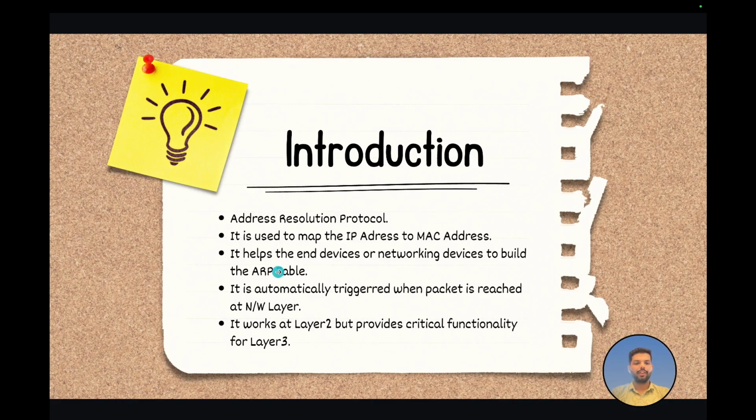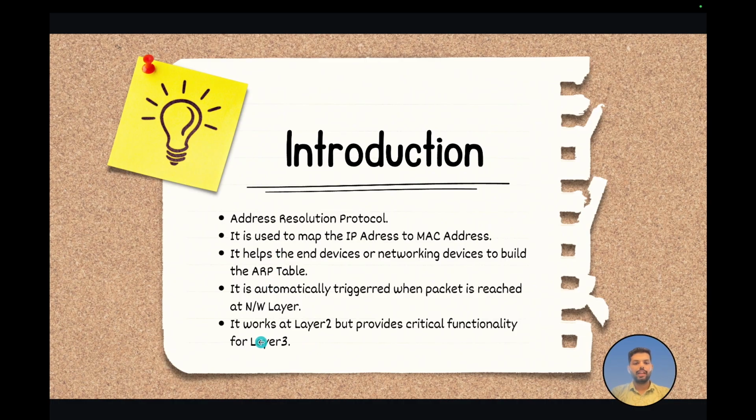It is automatically triggered when a packet reaches the network layer and we don't have a MAC address binding for the particular destination IP address in the ARP table. There might be multiple cases for ARP to run, but that is one of the most common reasons for invoking the ARP protocol.